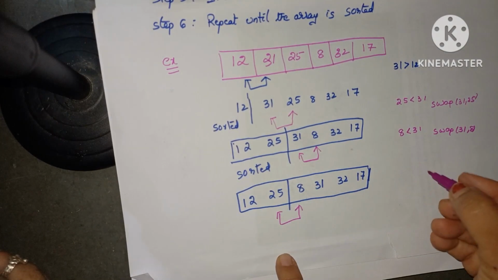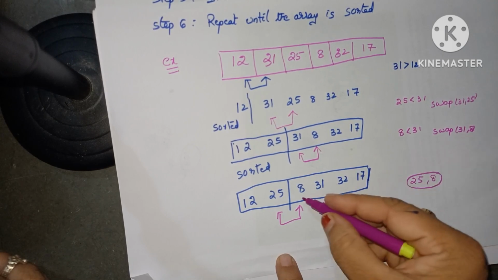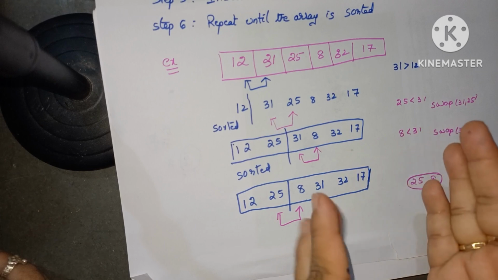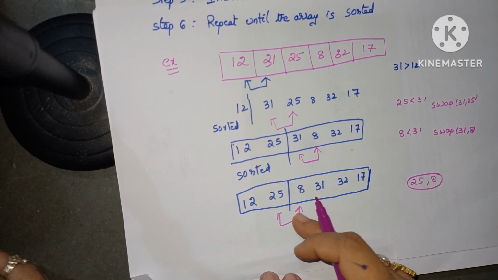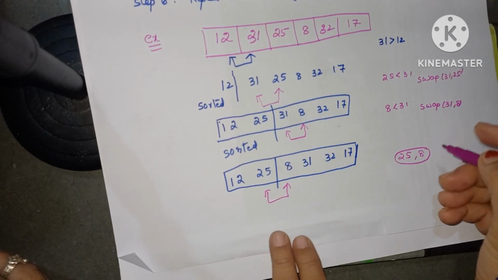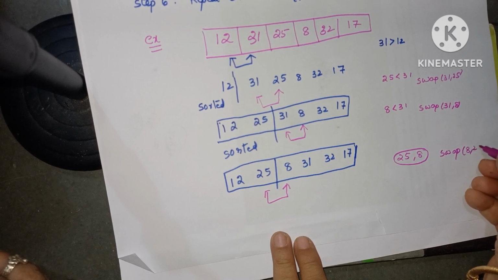again 25 and 8 are also not in correct positions, because all the left-hand side elements before the position must be smaller than the current key element. So these two are not in the right position. So swap these two, 8 and 25.